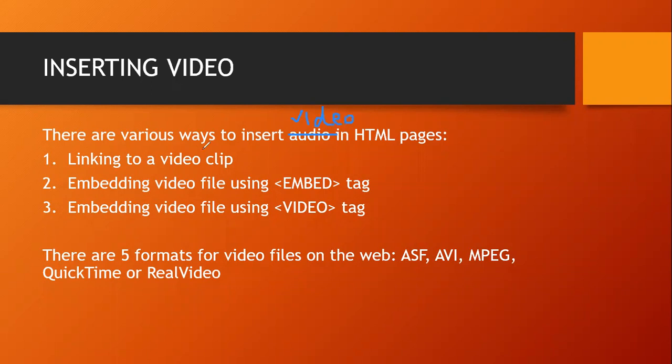It's a typing error. So we have again three methods: linking to a video clip, embedding video file using embed tag, and embedding video file using video tag. Now there are 5 formats for video files on the web: ASF, AVI, MPEG, QuickTime, or Real Video. So these are 5 formats which can be used.